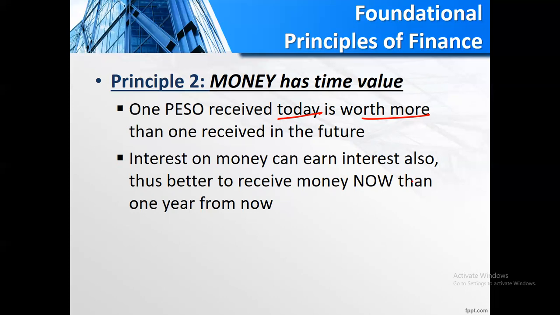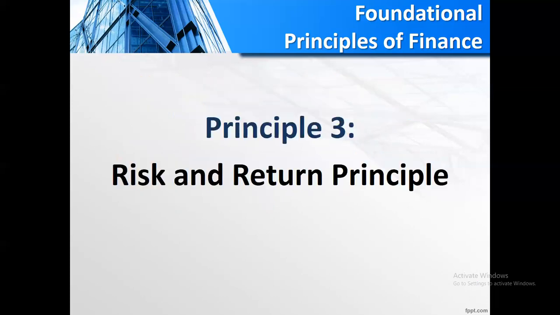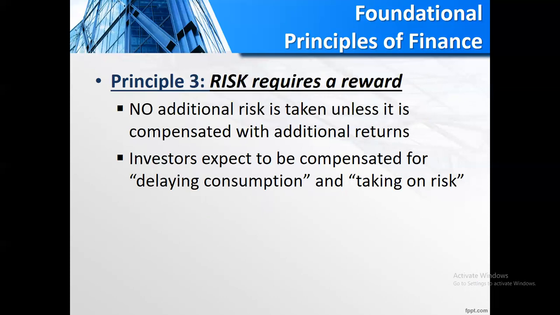So there will be interest on interest. Thus it's better to receive money now than 1 year from now, because your money now can earn interest, and the interest, since it's also money, will earn interest also. So there will be interest on interest on interest. After 1 year, you'll have more money as compared to getting your money only after 1 year.